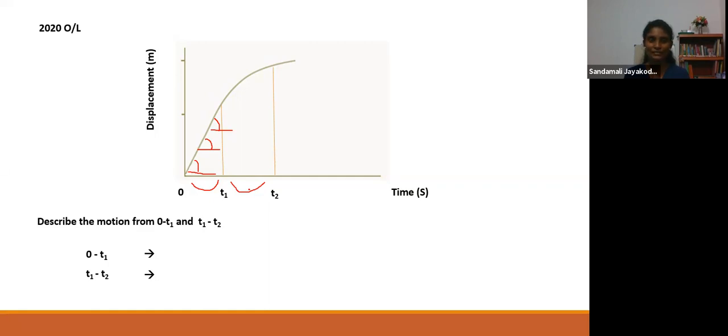Here we have to think it's a displacement time graph, not a velocity time graph. A displacement time graph has a gradient which is equal to the velocity. Can you remember? Yes, ma'am. So this gradient is equal at every point from 0 to T1. What is this?